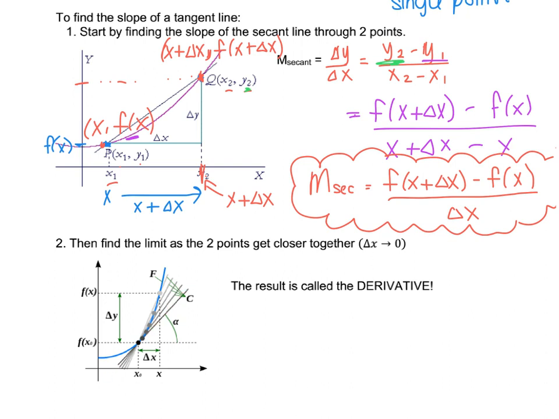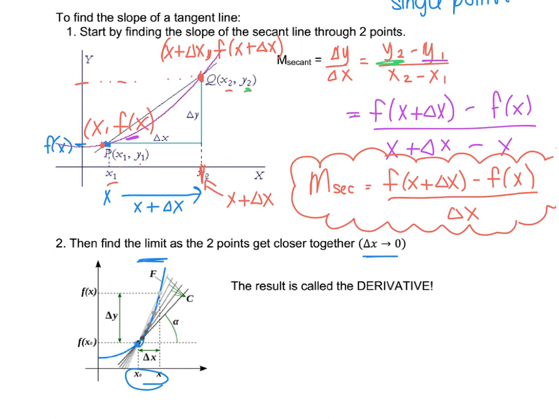So now we need to rely on this concept of something approaching 0. And thankfully, we do have a way of representing that with limits. So limits, remember, are as some x value approaches another value. So taking the limit as delta x, this change in x, we want that to get smaller and smaller and smaller.